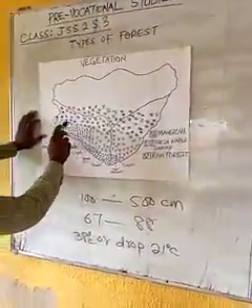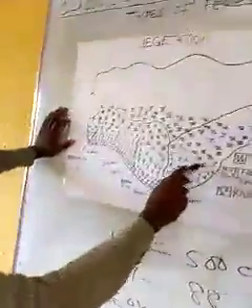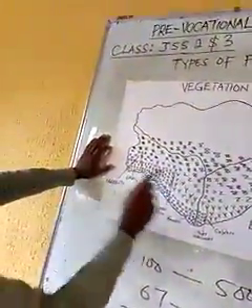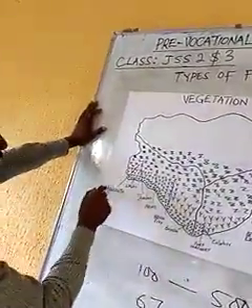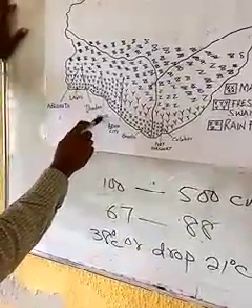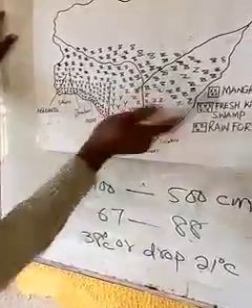And that is what I represented with the letter Z that you are seeing here. Examples of areas where rainforest can be found are Abeokuta, Ibadan, Akure, Benin City, and so on.